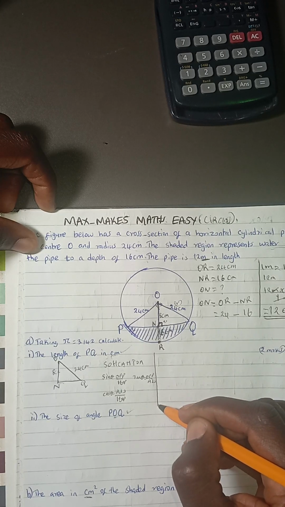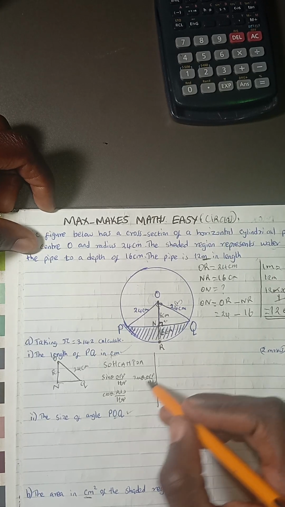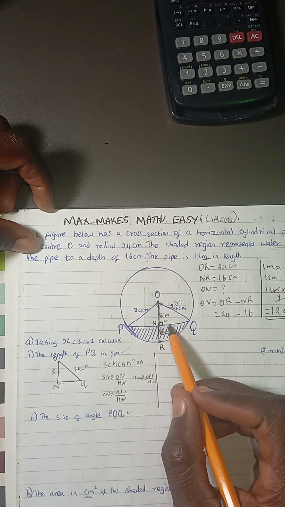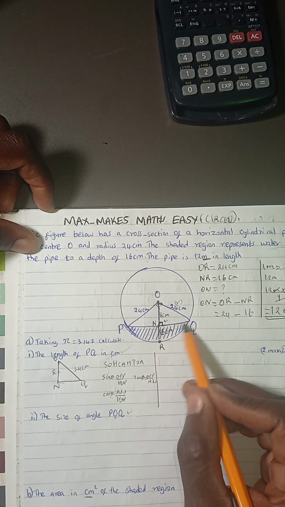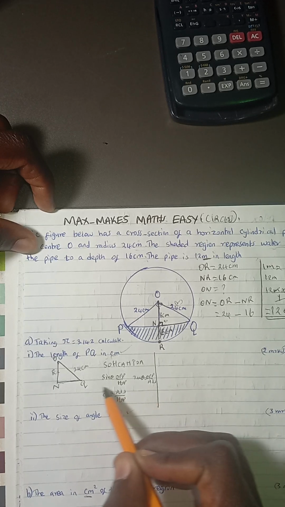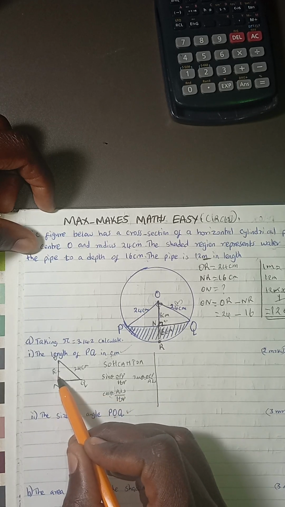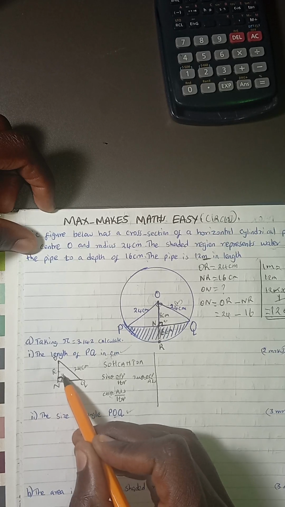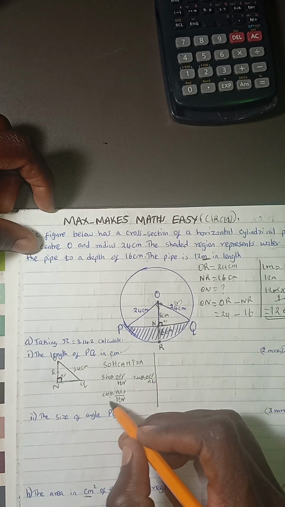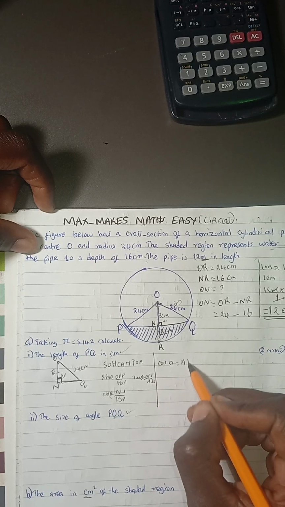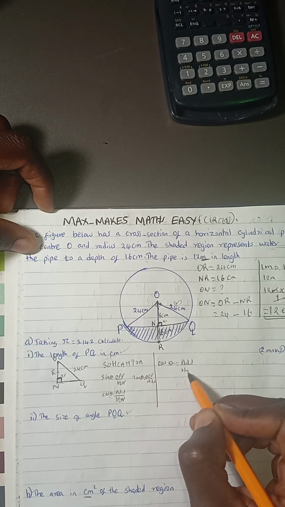Since we want to find this side, NQ is the adjacent of this angle, 90 degrees. So we'll use cos theta. Cos theta is equal to adjacent over hypotenuse.